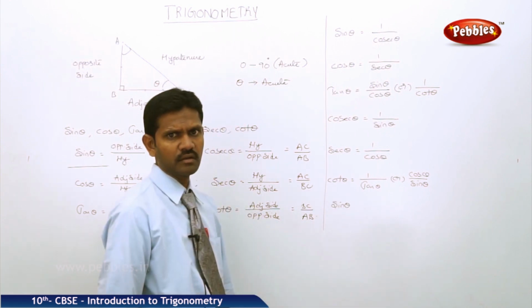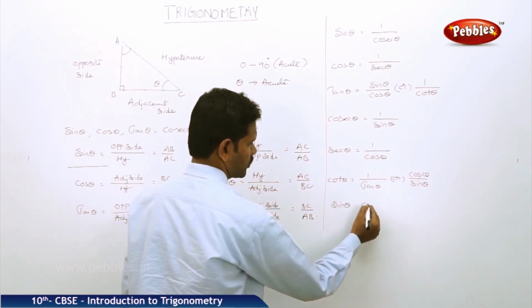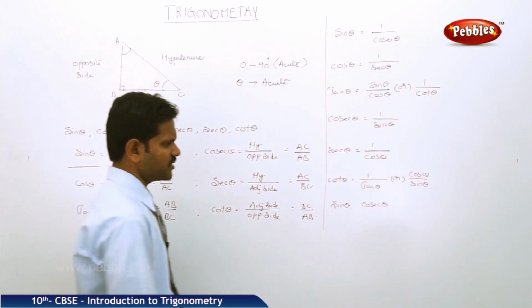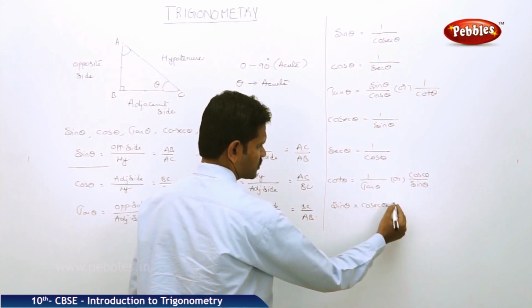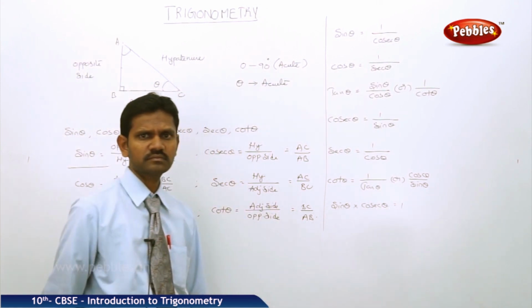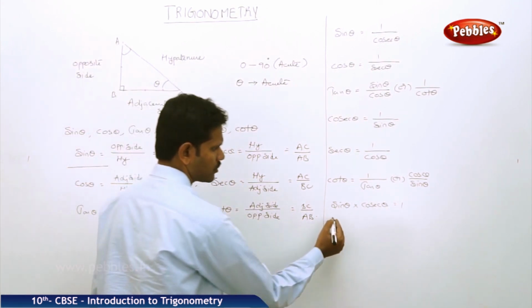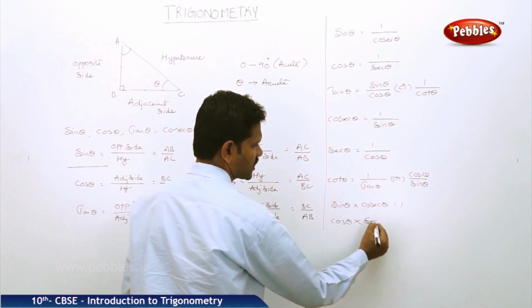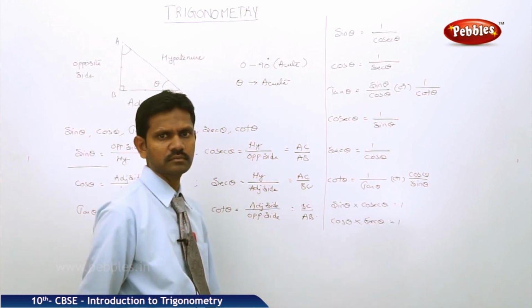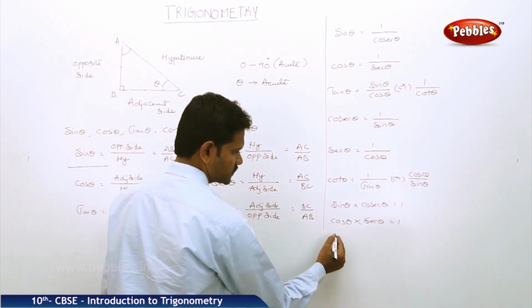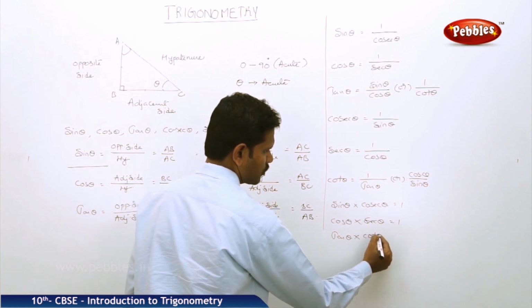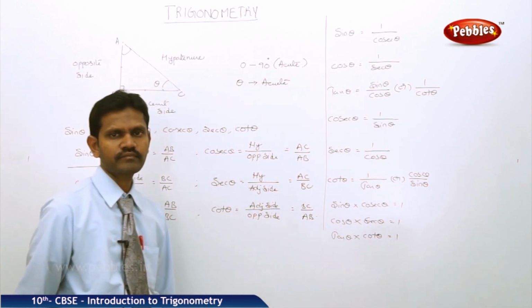Sin theta and its reciprocal cosec theta: sin theta into cosec theta is equal to 1. Similarly, cos theta into its reciprocal secant theta is equal to 1. Next, tan theta into its reciprocal cot theta is equal to 1.